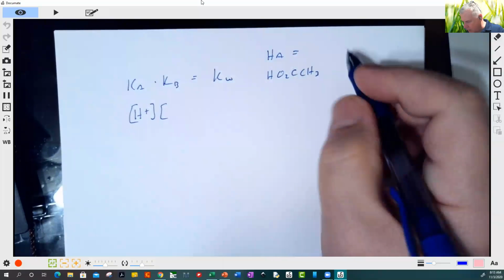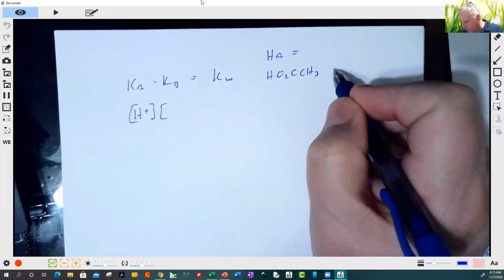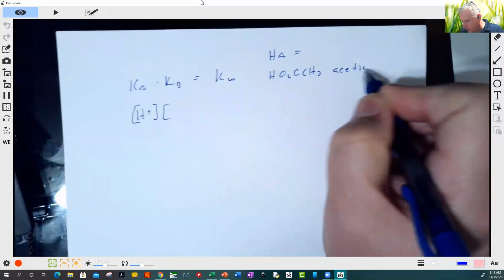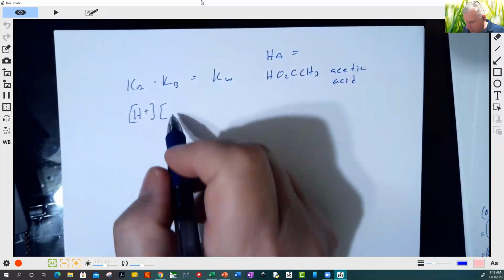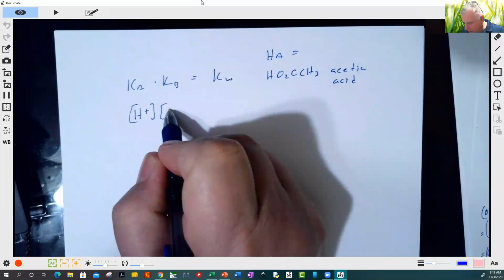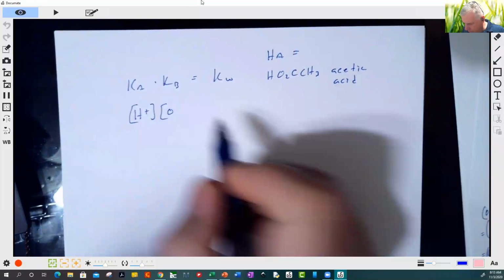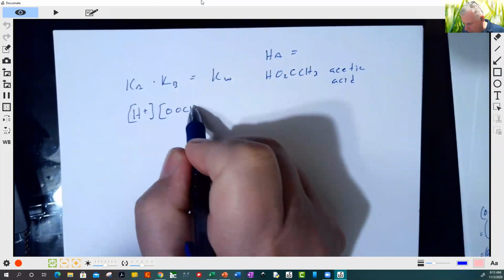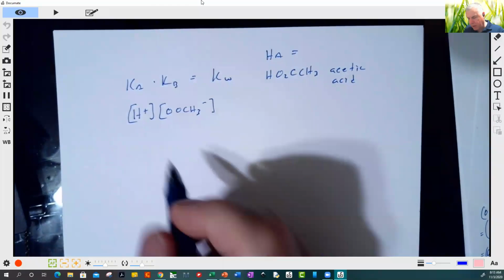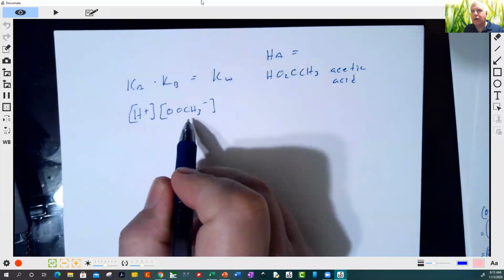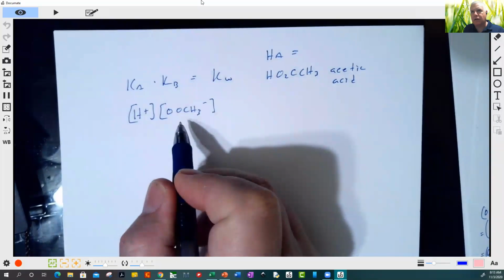Right? This is acetic acid kind of spelled backwards. So we've got H plus times O2CCH3 minus. And there's a billion different ways to spell this. I'm sorry. I'm just trying to make it look like an acid here, right?